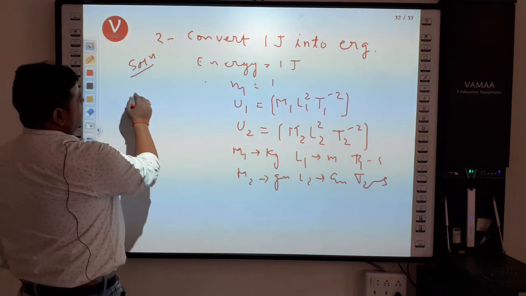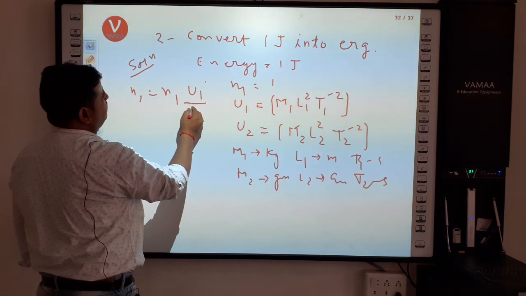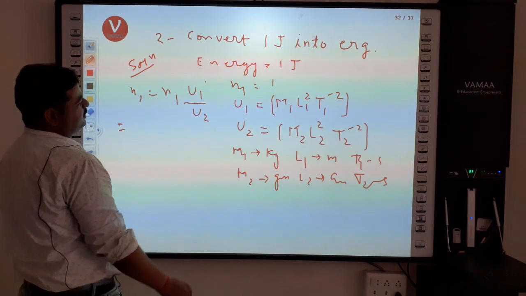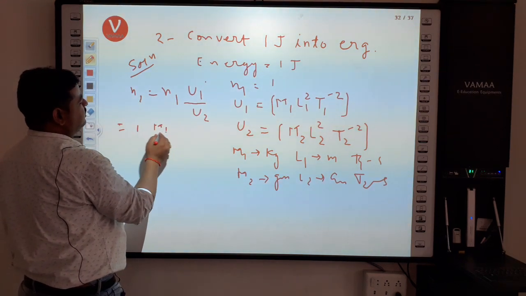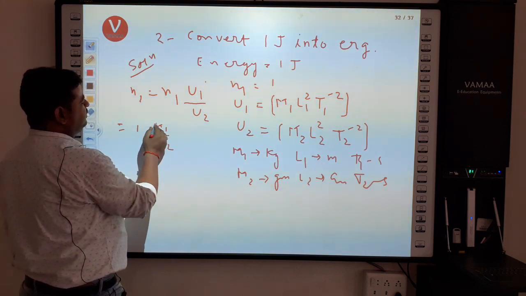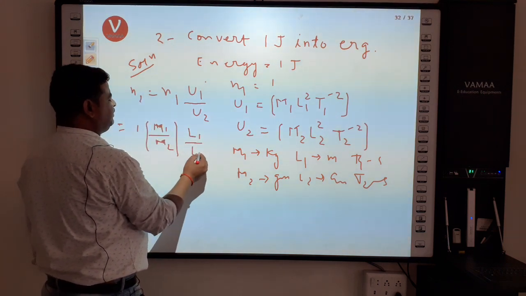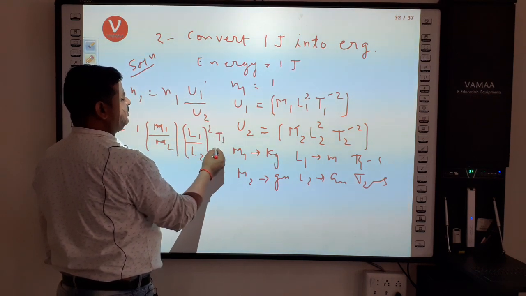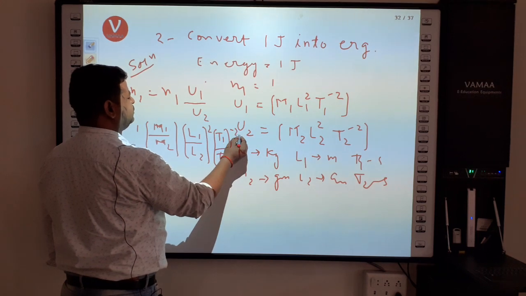So using the formula N2 is equal to N1 U1 upon U2, here we put the values of N1, U1 and U2. So we get 1 into M1 upon M2, L1 upon L2 raised to power 2, T1 upon T2 raised to power minus 2.